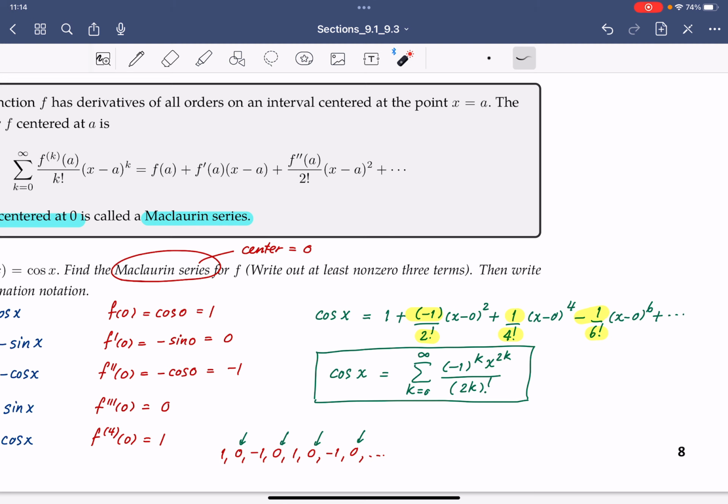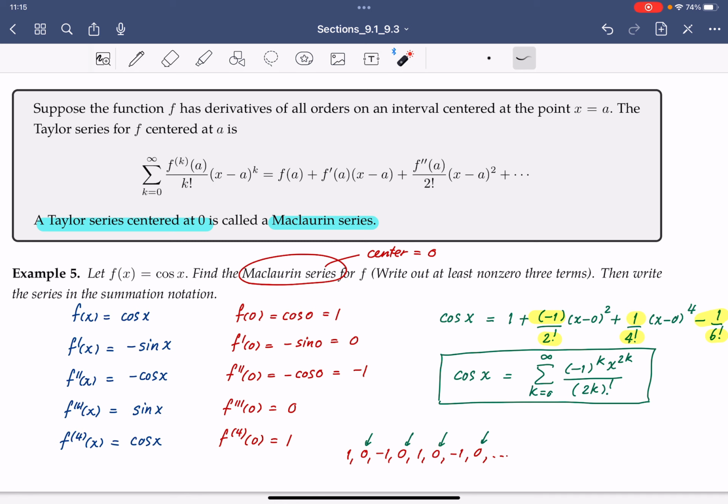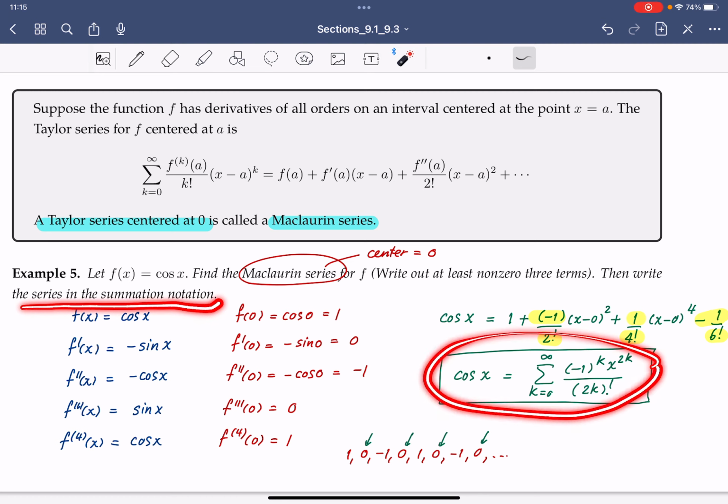So there are a lot of things you can do with the Taylor series, but the basic one is the cosine Taylor series. For sure, you're going to need to learn how to guess the series in summation notation, because this is what you observe from the Taylor series and then transform into summation notation.